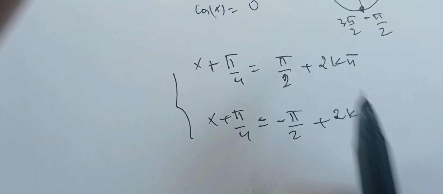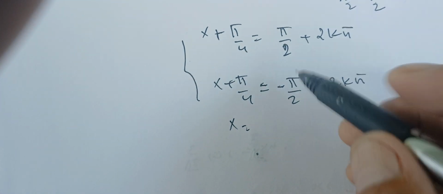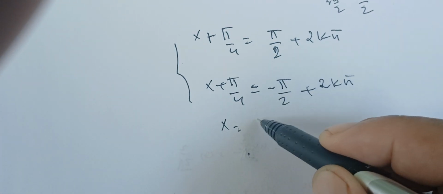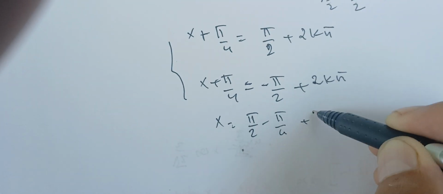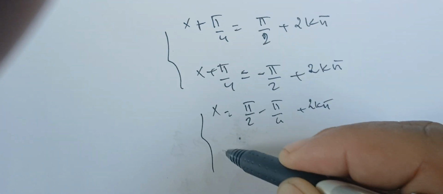Okay, but let's use this one here. Now we want to find x. So I move pi over 4 to the right side.